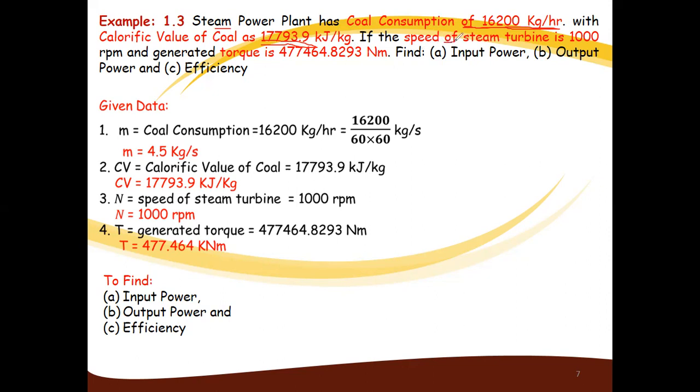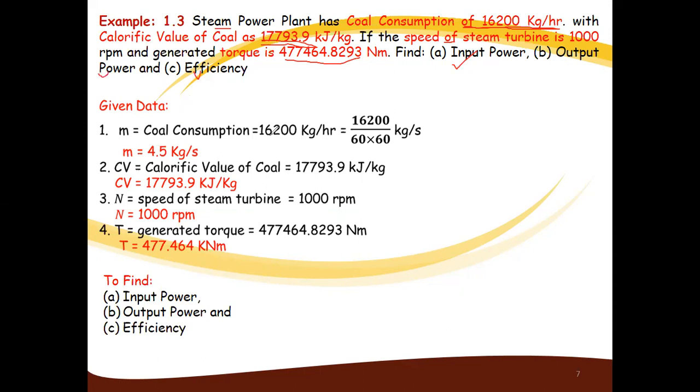Speed of the steam turbine is given as 1000 rpm. Torque is given as 477,464.8293 Newton meter. So we have to find out input power, output power, and efficiency.